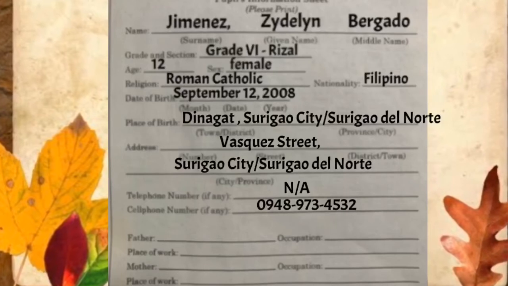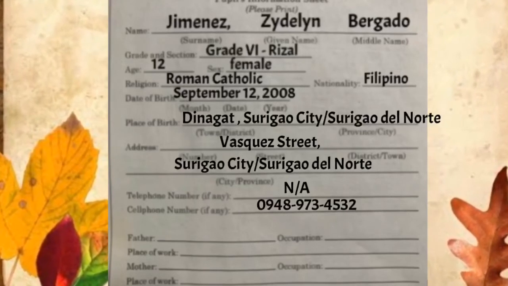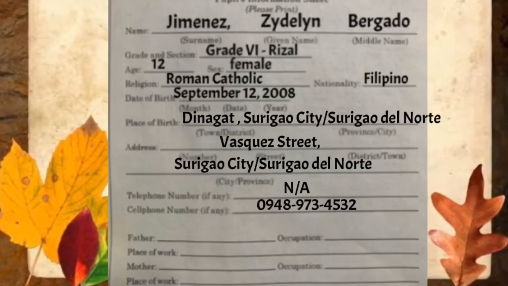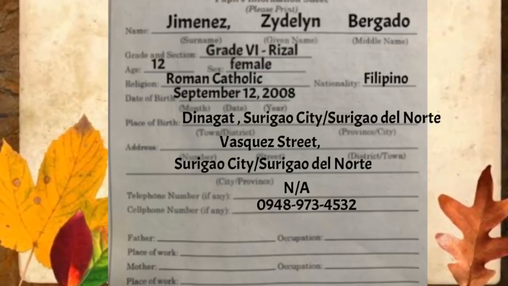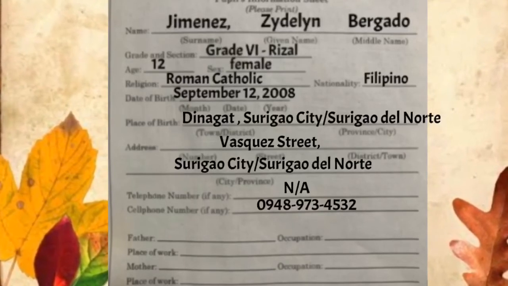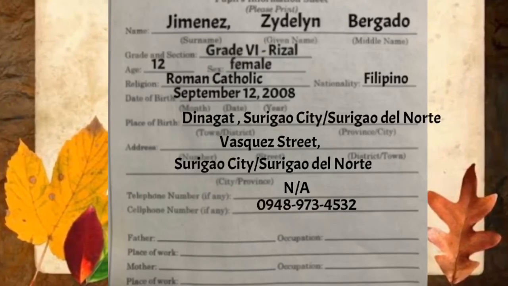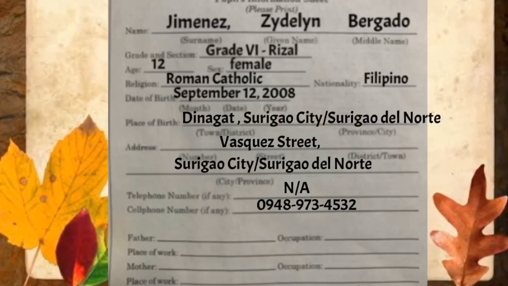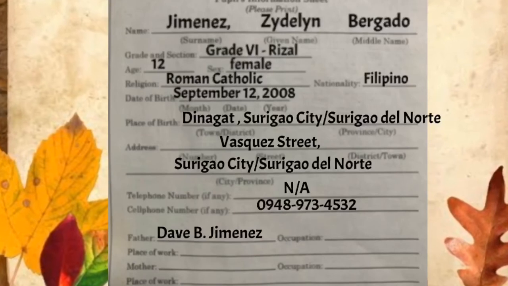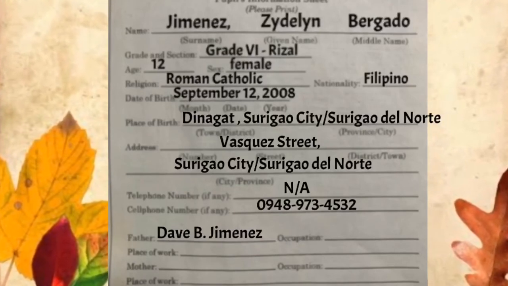In filling out the father's name, you need to follow the instructions given. But in this form, you only have to write the complete name of your father, such that you write the first name, the middle name, and the family name.